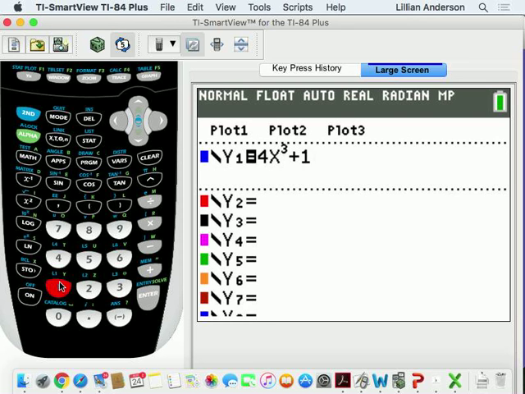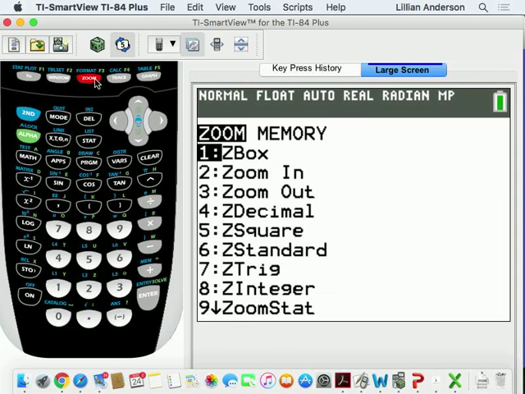I'm using a calculator after other classes, doing different things, and who knows, the window may be set from 0 to negative 100. We don't want that, okay? So when you go to graph, just as a good habit, press the zoom button. The zoom button is the third button at the very top. This gives you all these options.